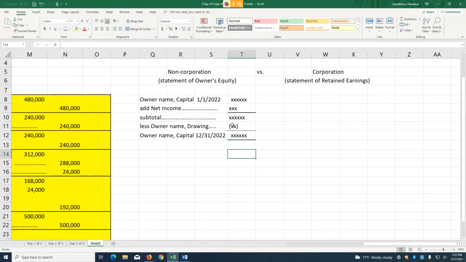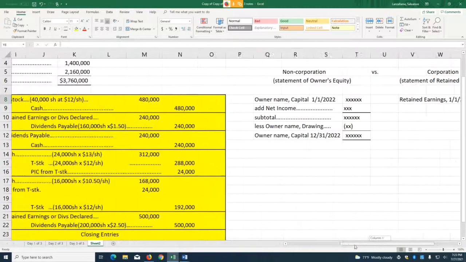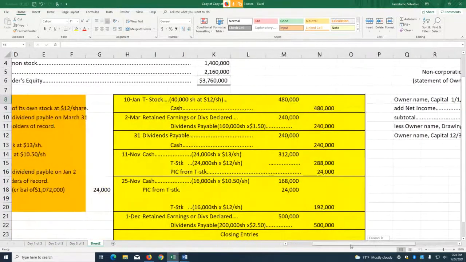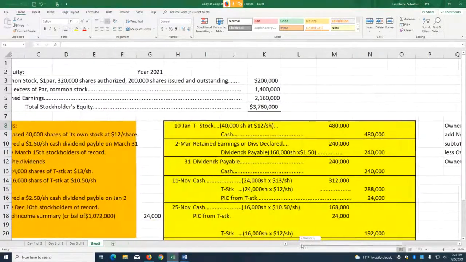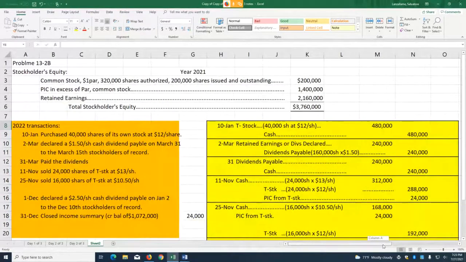So what you used to know as the statement of owner's equity is the same thing as the statement of retained earnings in a corporation, except instead of capital, we have retained earnings in the spot. So you have retained earnings. And our beginning retained earnings in this problem is $2,160,000. Thank you.